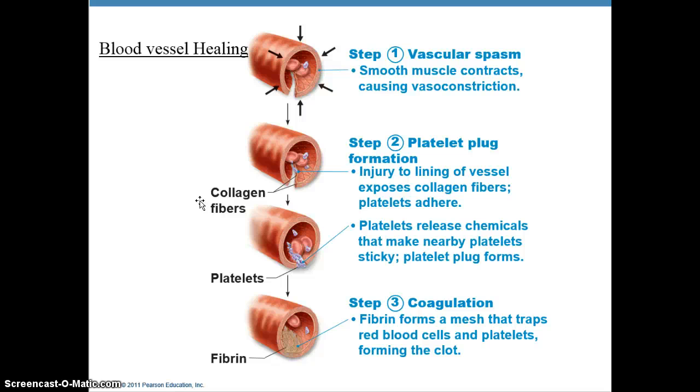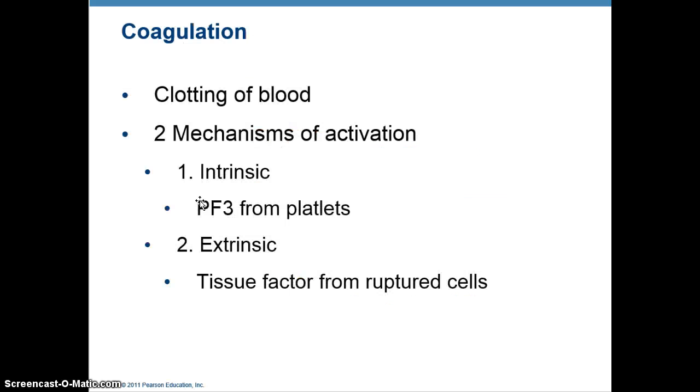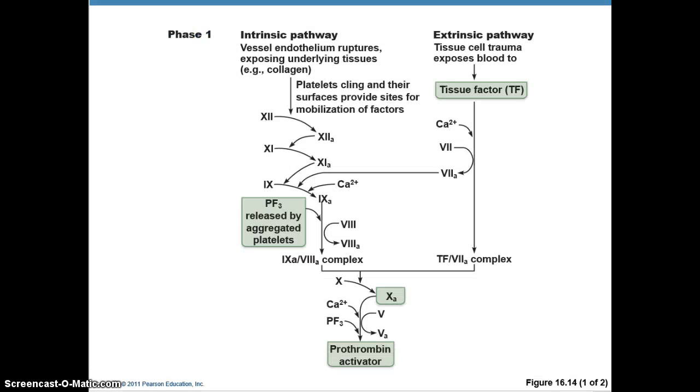And then the third step is coagulation. So keep straight, blood vessel healing is spasm, platelet plug formation, then coagulation. We are going to treat coagulation as a separate topic. You can continue to look at that last slide, or think about what's on that last slide, I should say.